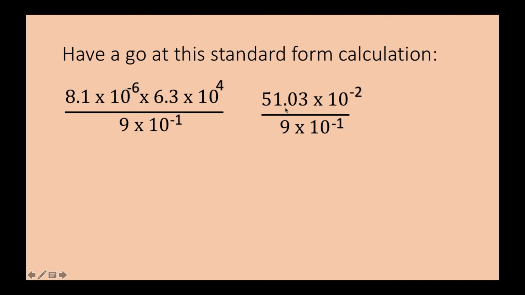Now just be careful because we don't want 51. We want this number to be less than 10. But I'll just be careful with that for now because I want to divide by 9. It might be more helpful if I use this number to divide by 9. You could check it and make this 5.103 divided by 9, but it might make your life hard. So instead, I'm going to do 51.03 divided by 9, which gives me 5.67.